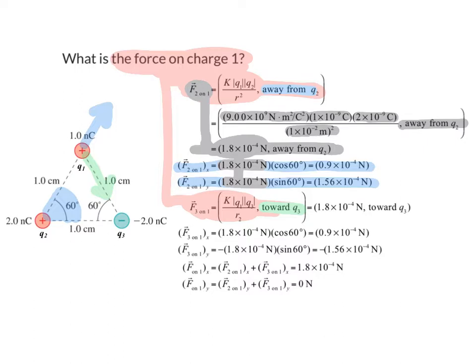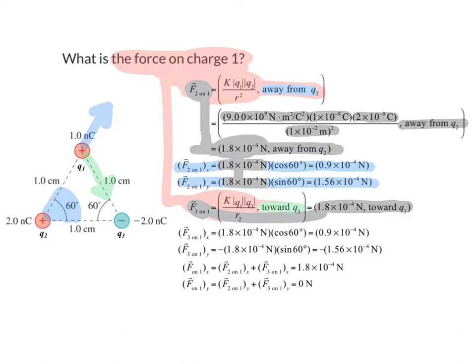3 on 1 in the x direction. Well, let's do this. So force 3 on 1 ended up being that same magnitude. Surprise, surprise, since all the products are the same.